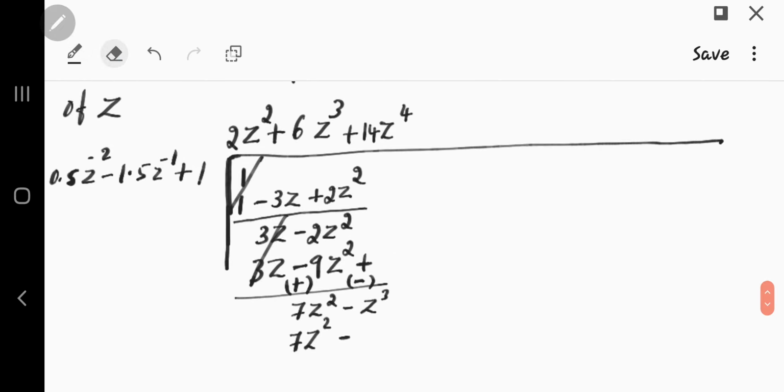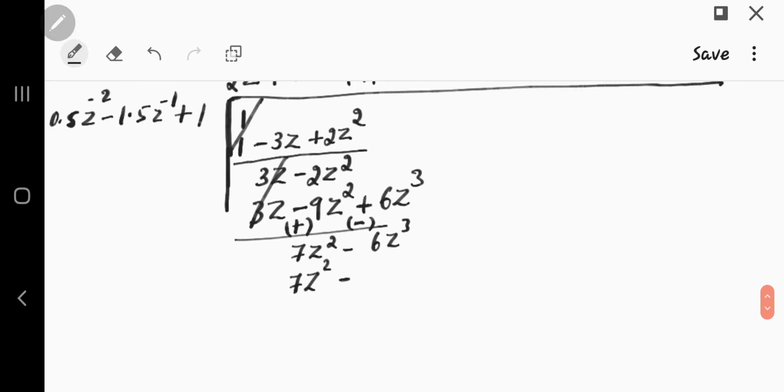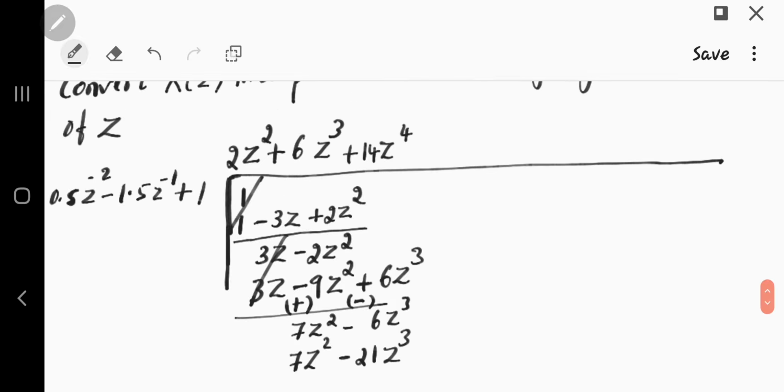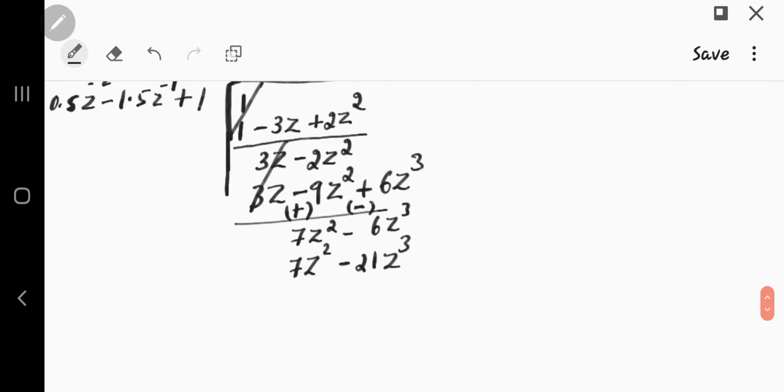I had written z cube here earlier, but it should be 21z cube, because z to the power 4 with z inverse gives z cube, plus 14z to the power of 4.